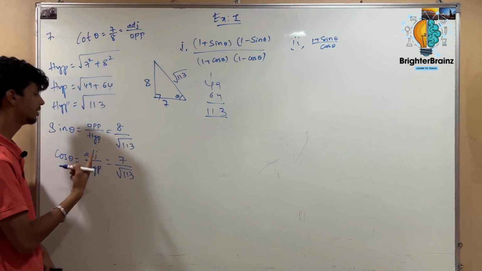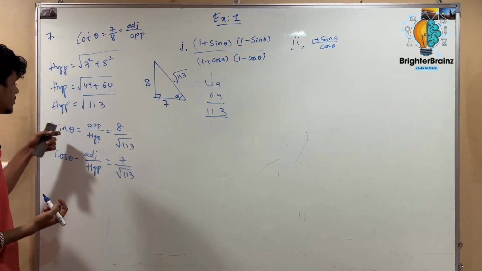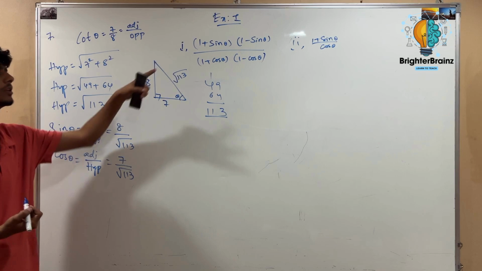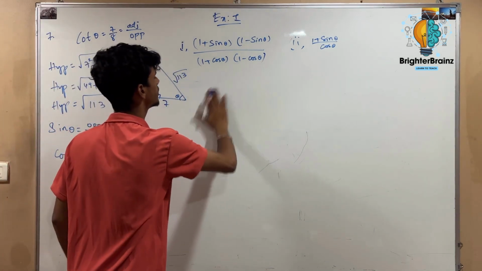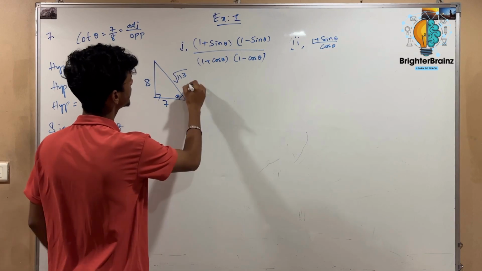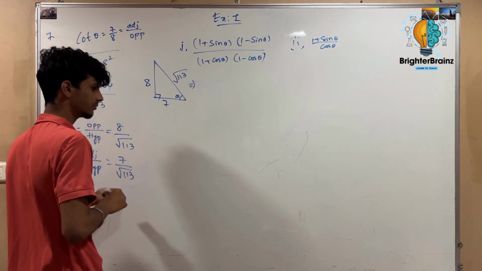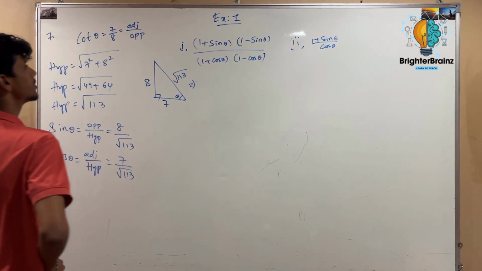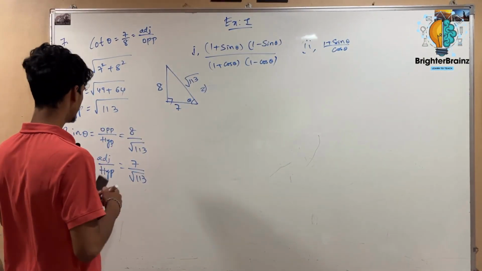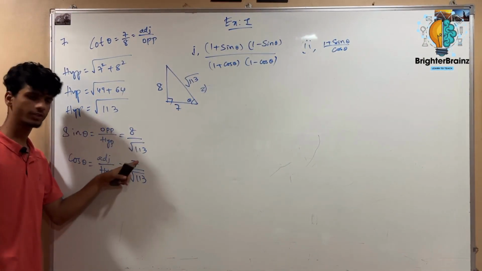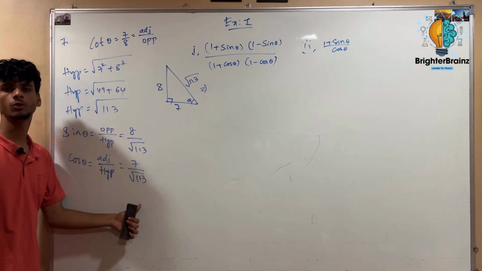Very good. So now let us substitute the values of sine theta and cos theta in that equation. The value of sine theta is 8 by root 113 and cos theta is 7 by root 113.